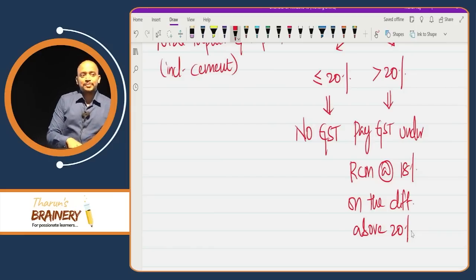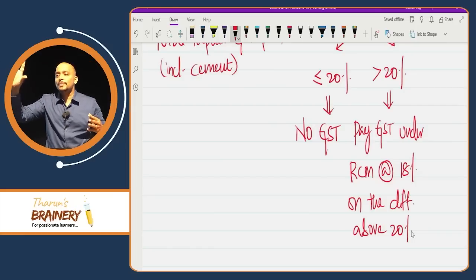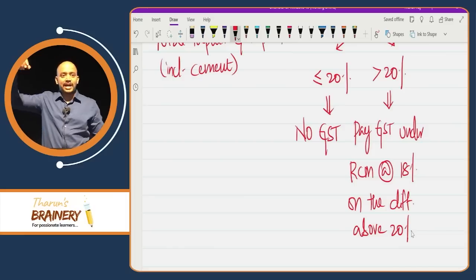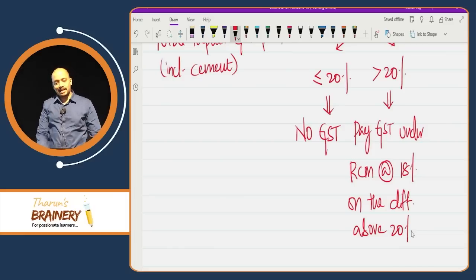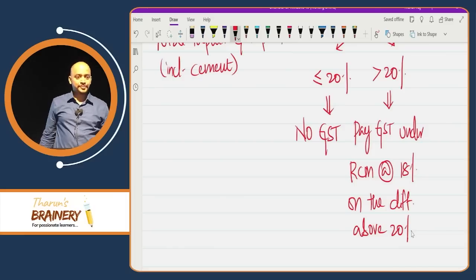On the difference above 20%. Suppose if it is 25%, how much is extra? 5%. On that 5% you need to pay GST under RCM at 18%.